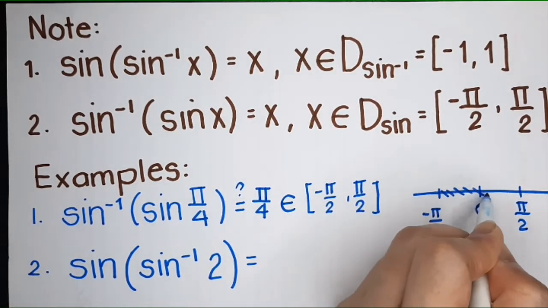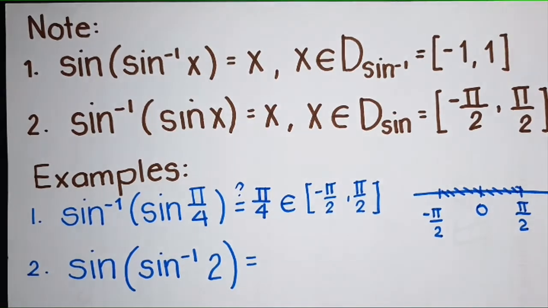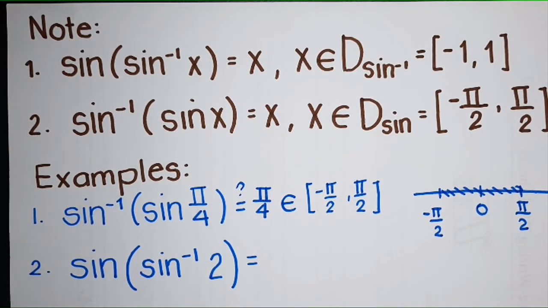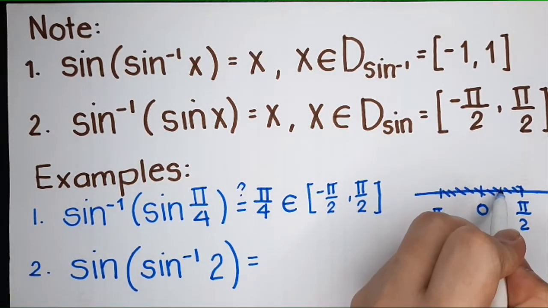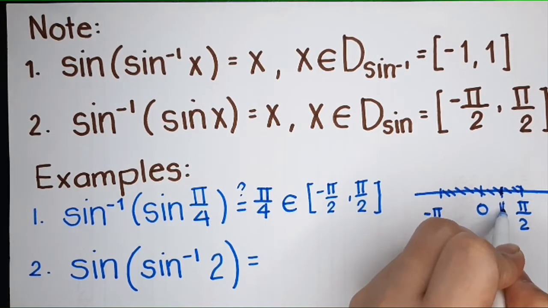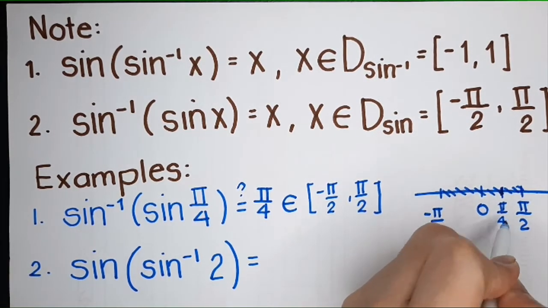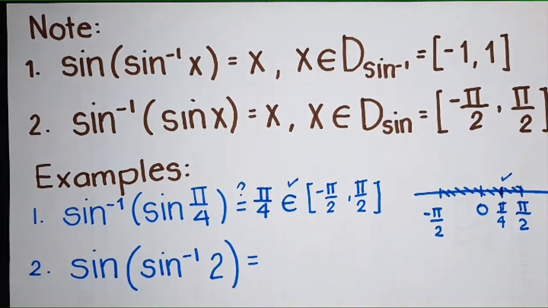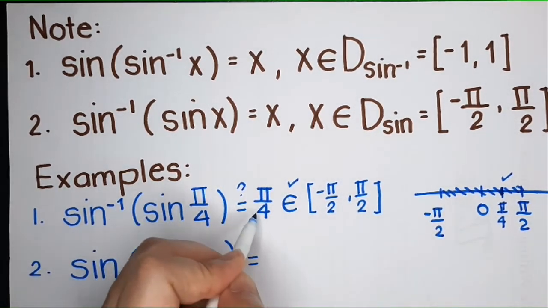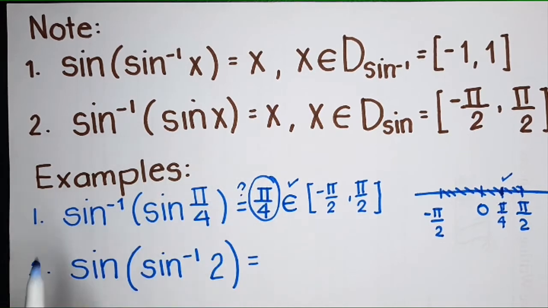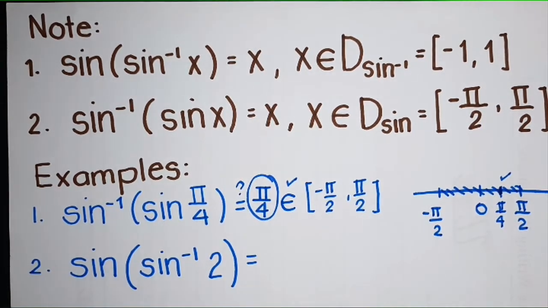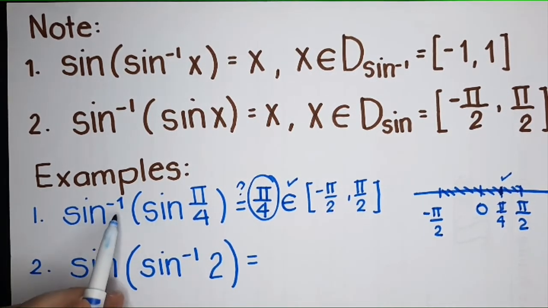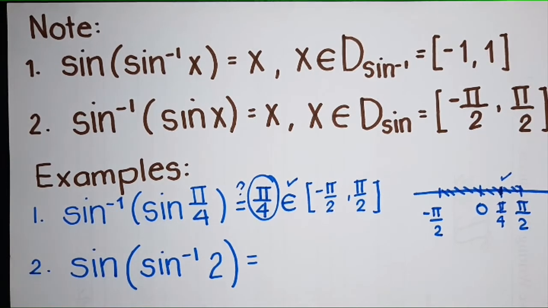Nandyan ba ang pi over 4? Yes, kasi ang pi over 4 nandito here. So, andyan ang pi over 4. So, check. Pi over 4 is in the domain of sine. So, therefore, this is the final answer. That is the value of sine inverse of sine pi over 4.